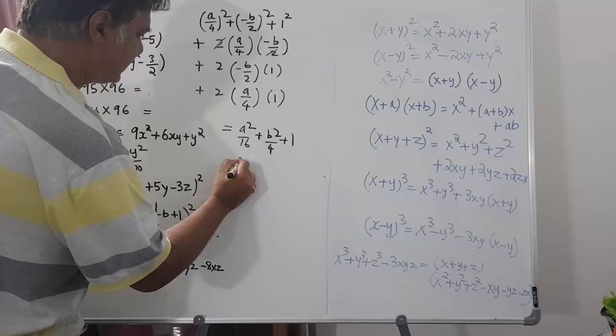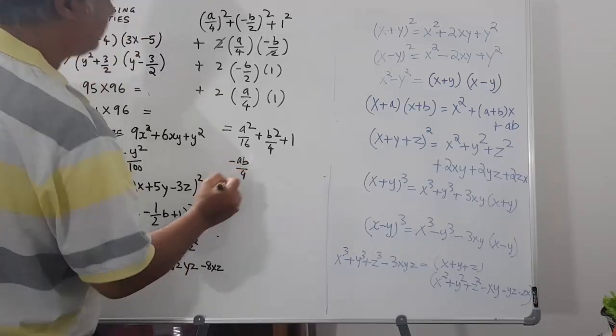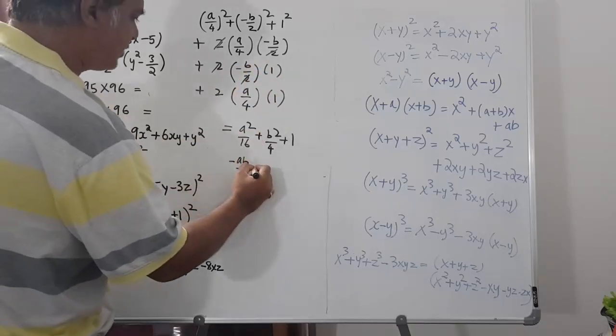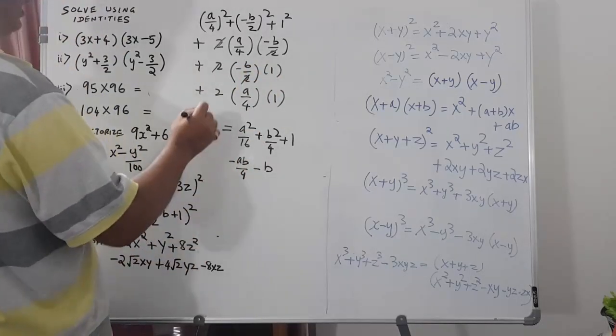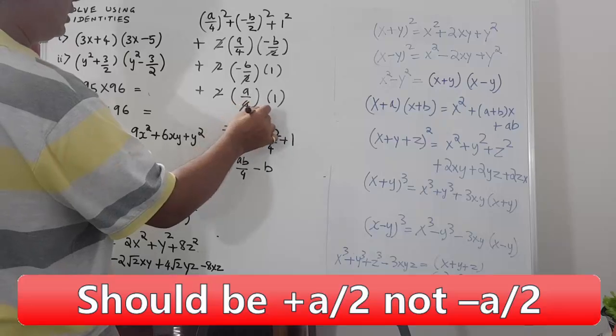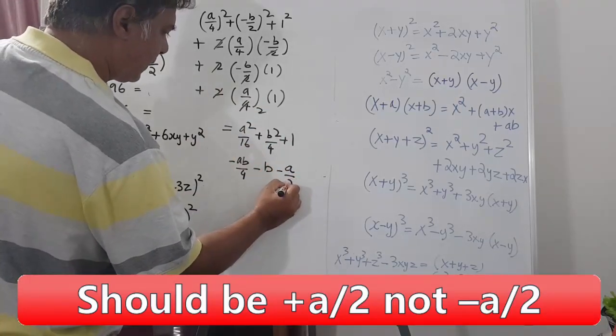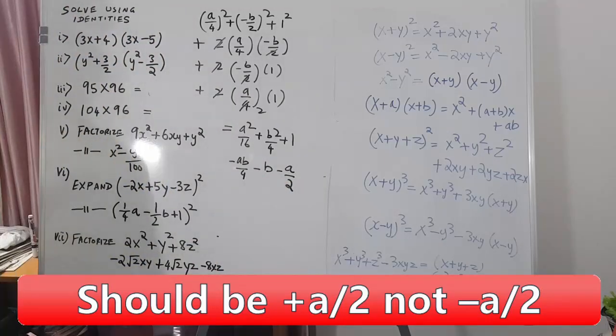Next term is this 2 and this 2 get cancelled, minus b is there, so we get minus b, and here again 2 2s are, and we get a by 2. This is the expanded form.